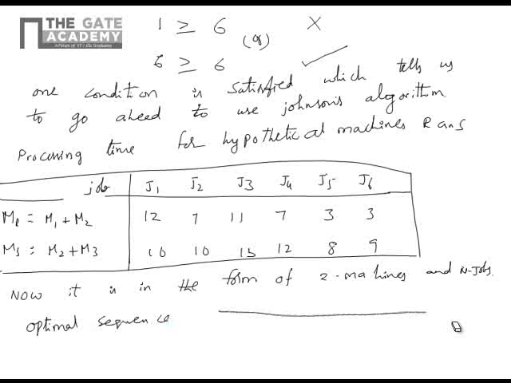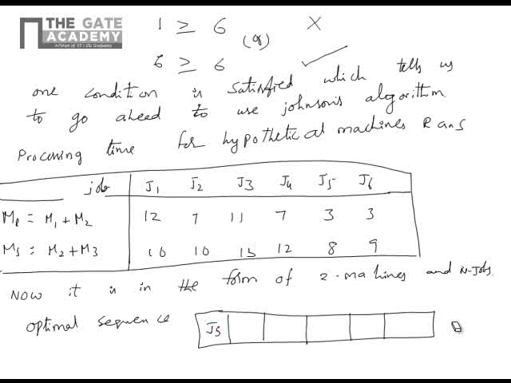For the optimal sequence, first you need to find out which of the two machines has the lowest processing time. If you look at that, J5 and J6 on machine R have the lowest processing time. So the lowest processing time is on machine 1, keep it first.